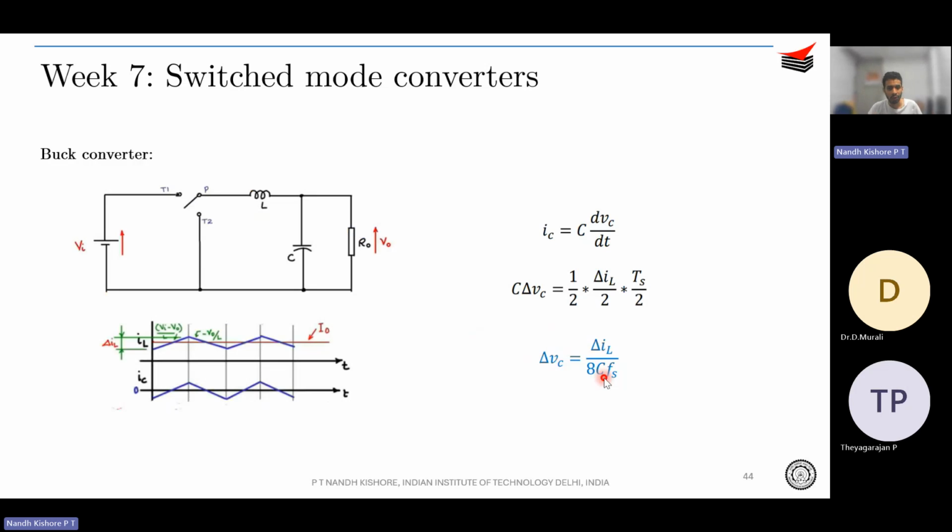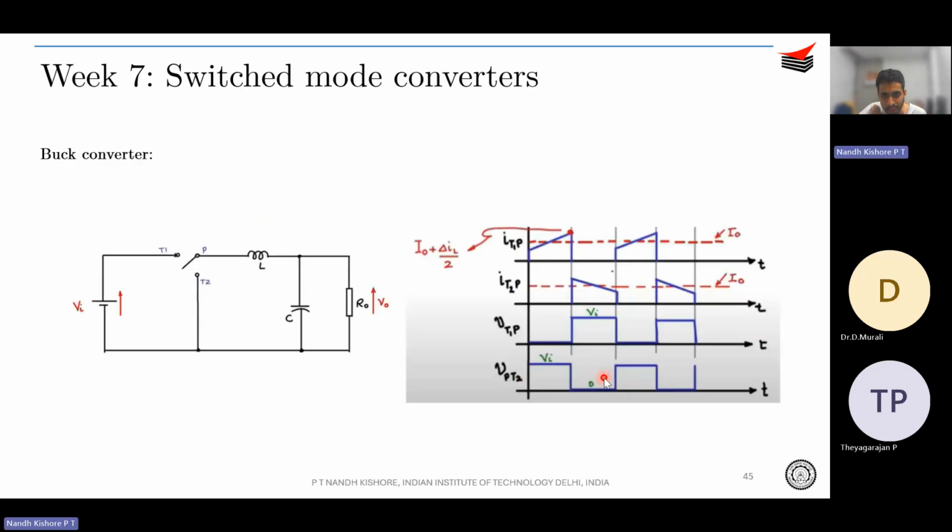If you go from 10 kilohertz to 100 kilohertz, then your L and C values are going to reduce by a factor of 10. If the requirement reduces, the size of L and C also reduces. So as your switching frequency increases, you can have lesser and lesser values of L and C.